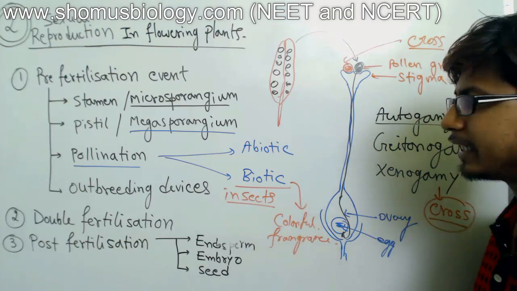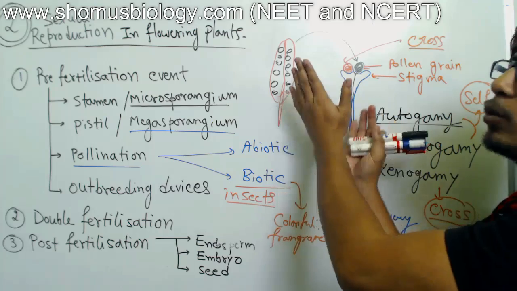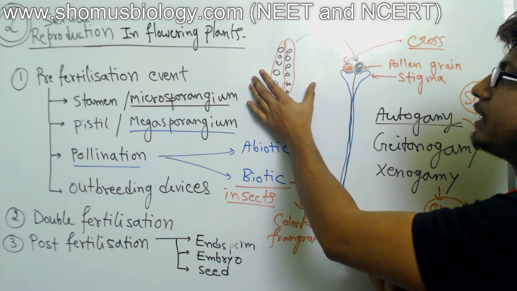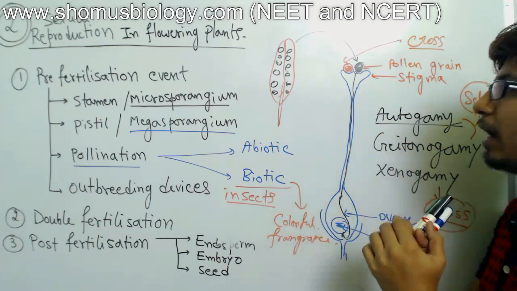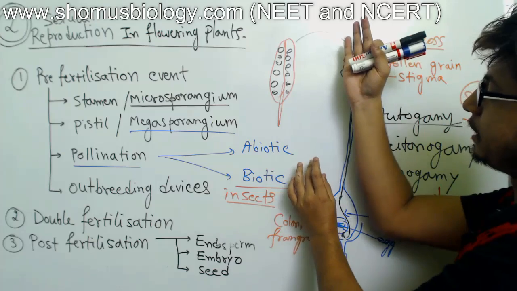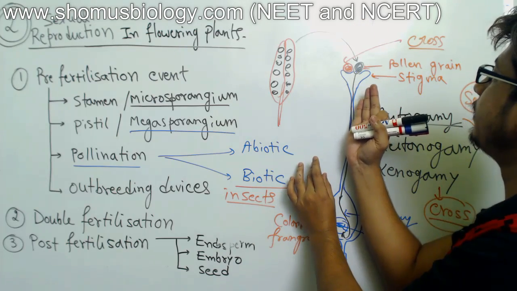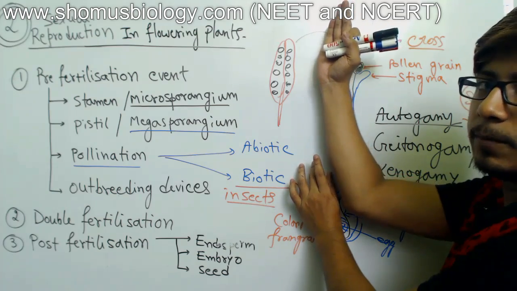And the fourth way that they can prevent self-pollination is by changing the position of how the male part and the female part of the flower are arranged. Even in the same flower, if they are arranged in different locations, for example, if the anther is present a little lower and the stigma is on top of it, in high regions, then what will happen?